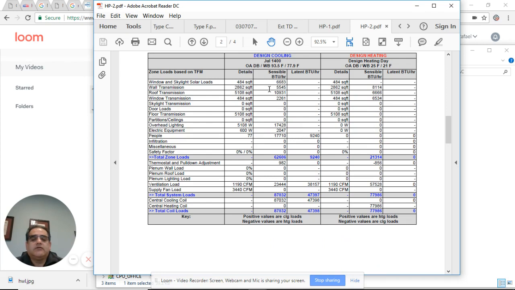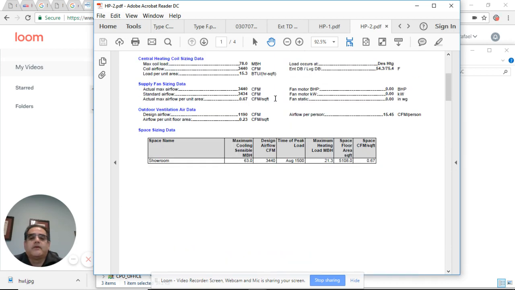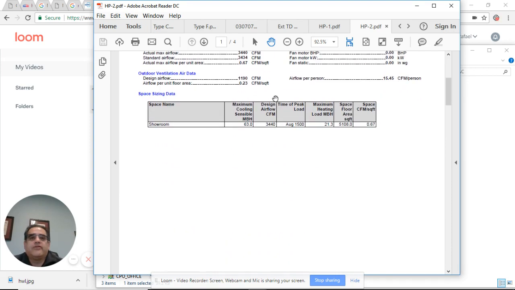The rest, obviously, in some sort of order of what's worse, windows and roofs are usually worse. Walls are almost negligible because when you think we have 5,500 BTUs of a total of 134,000.